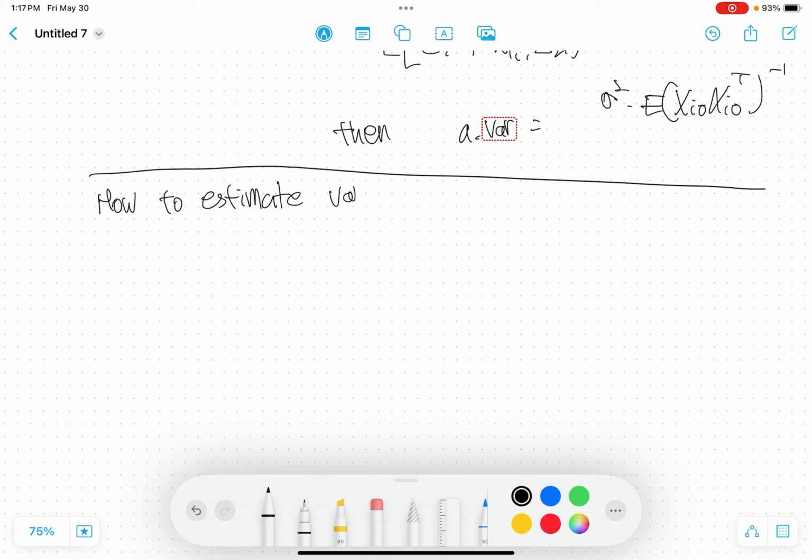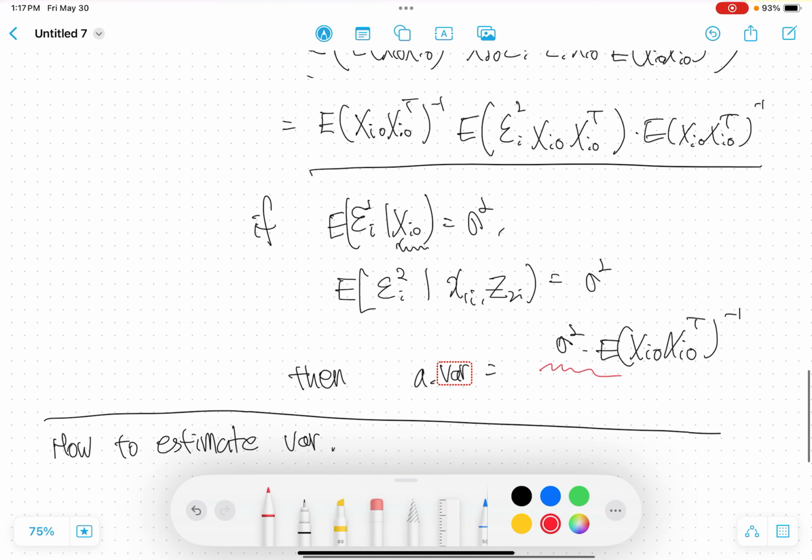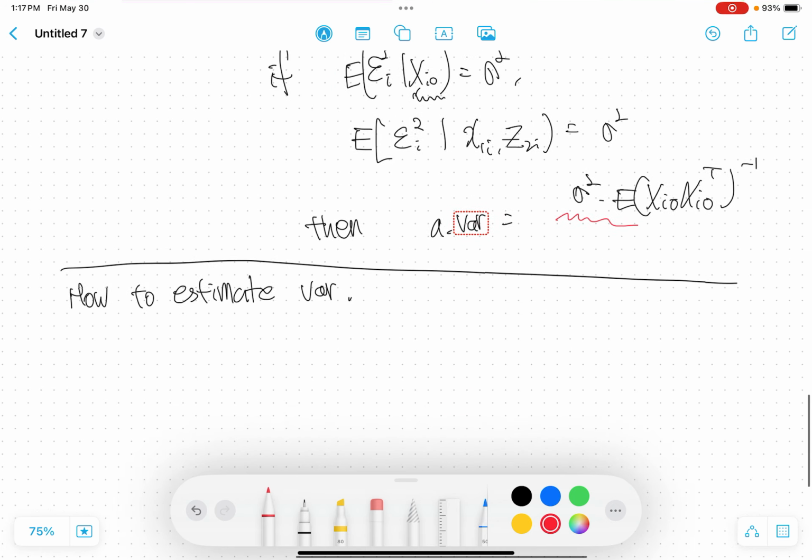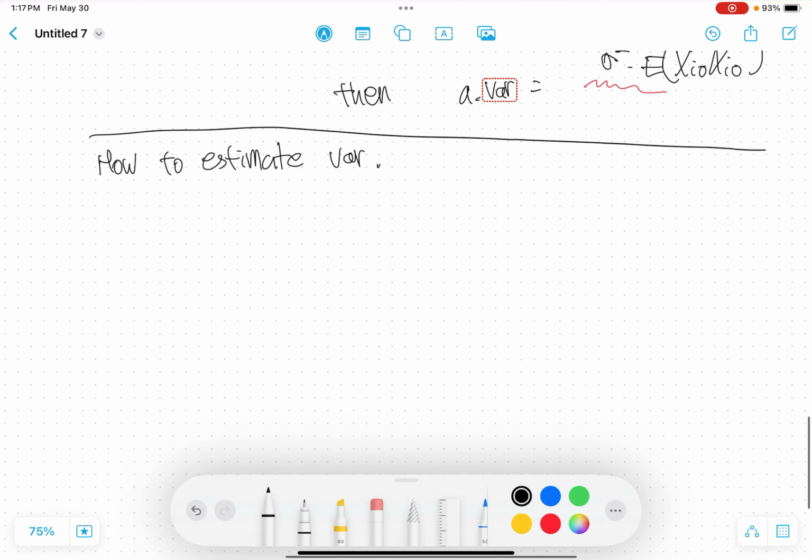How to estimate the variance? So as you see here, let's just use the sandwich formula. So come back here. First, how would you estimate? We have to start from here. xi0 was defined as 1, x1i, and x2 was replaced by z transpose gamma 0.